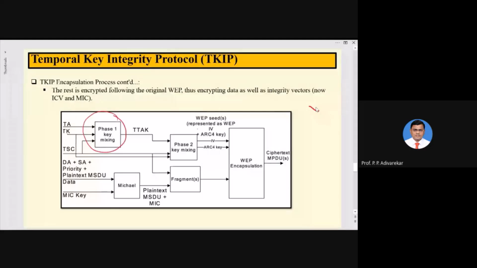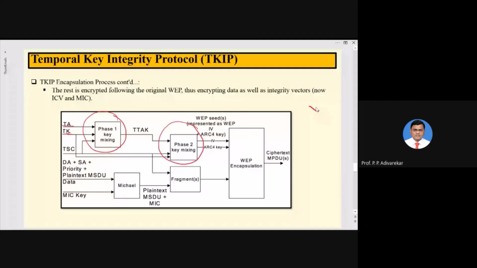A temporal key for a session and a transmit address TA are given to the key mixing. It generates a key, which is called the TTAK, that is the temporal transmit address and key.